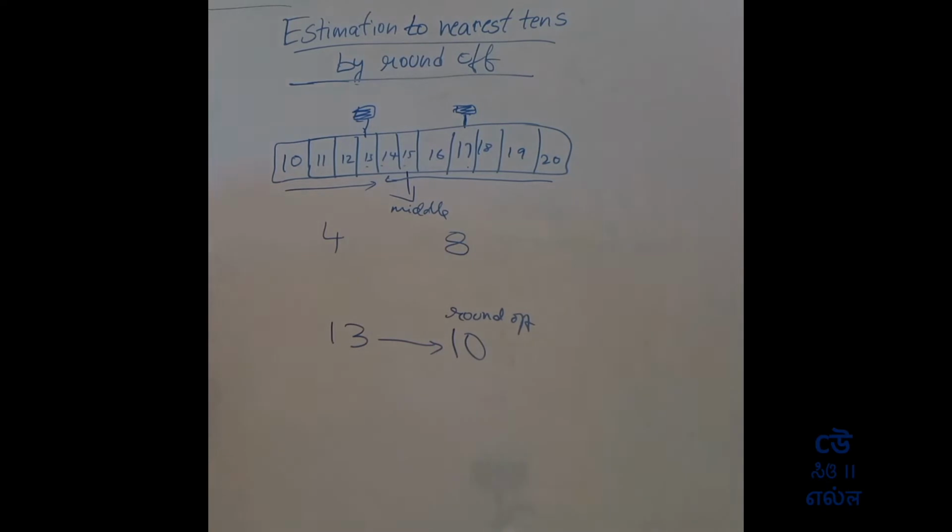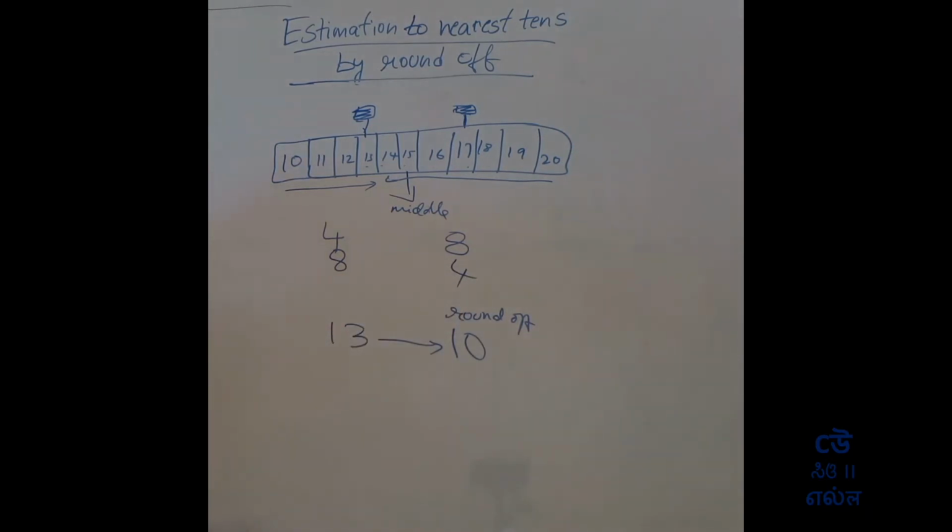Next example, we have taken 17. So count from the beginning position. 1, 2, 3, 4, 5, 6, 7, 8. It's in 8th position from the beginning. Next, from this side you count 1, 2, 3, 4. It's in 4th position.